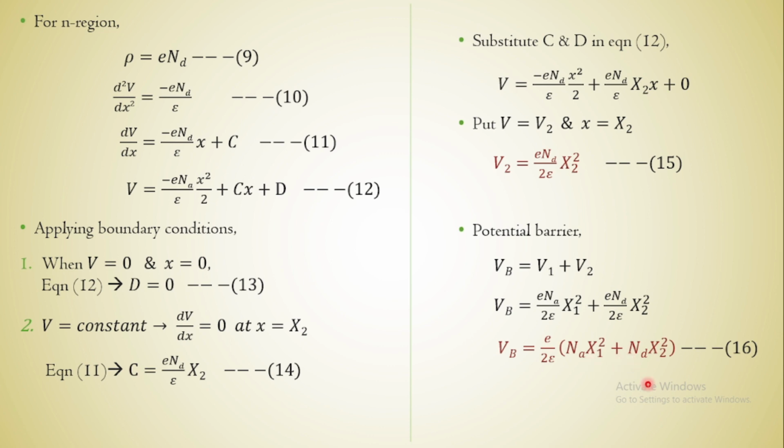Let us call it equation number 16. Remember, in the previous class we also understood the potential barrier, but the expression we derived there was with respect to the electron concentration and hole concentration. But here it is with respect to x1 and x2.